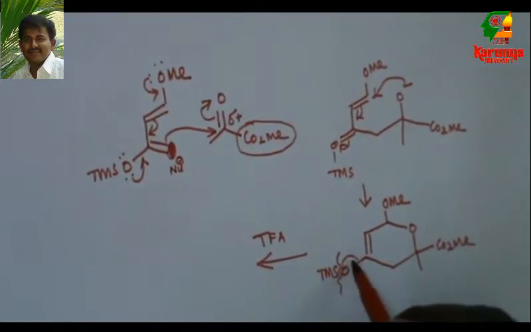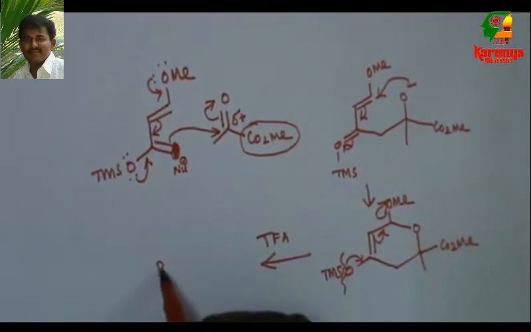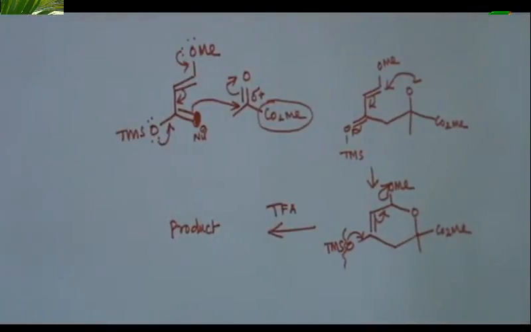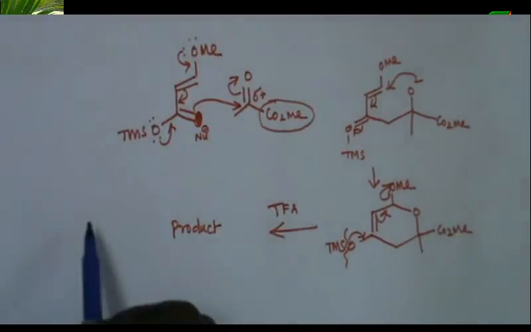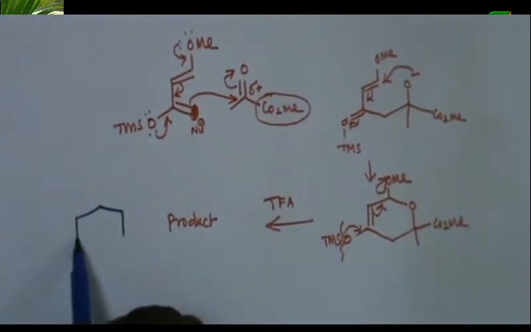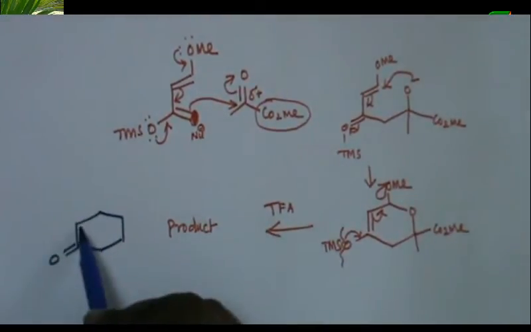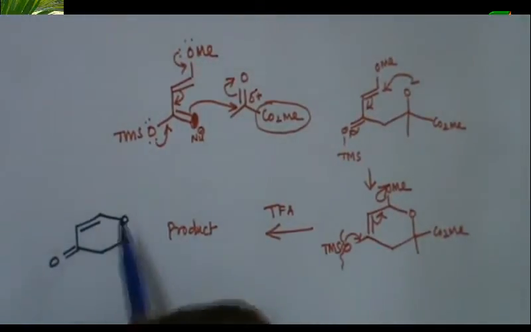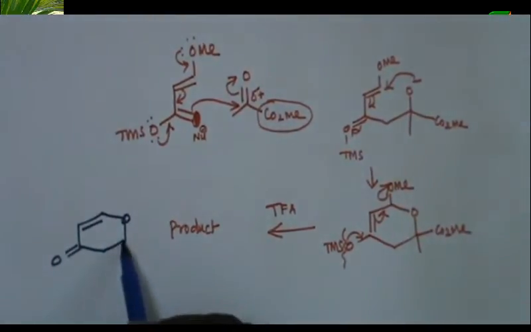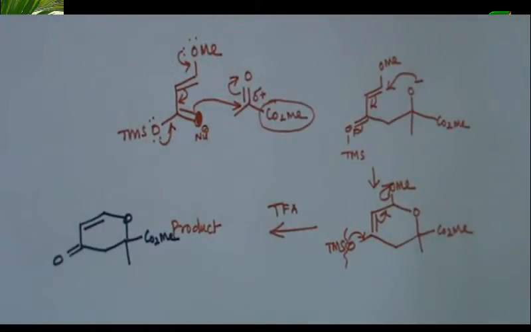As a result, this is getting eliminated to give the product. So the product, whatever we get, will be like this. Here there is a double bond. OMe is the leaving group. There is oxygen. So this is the product, whatever we get in this hetero Diels-Alder reaction.